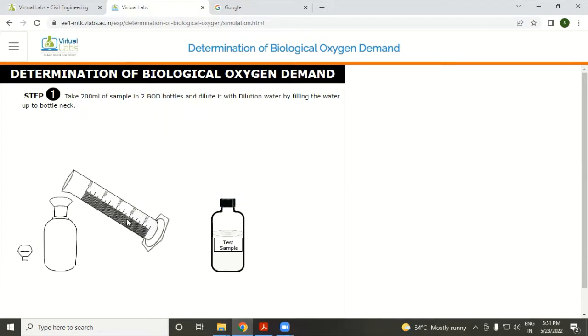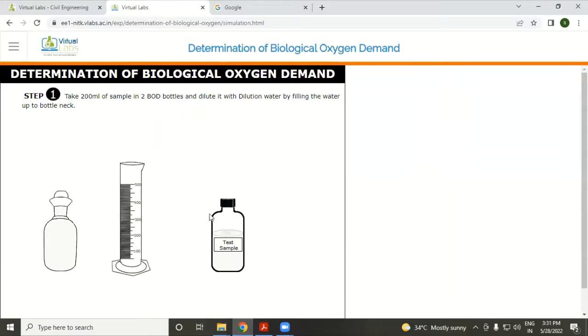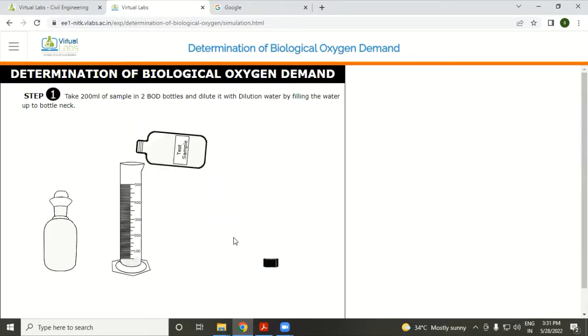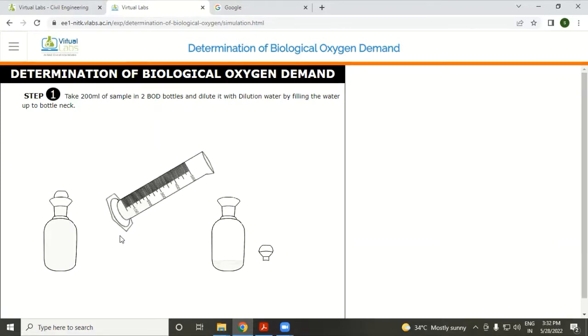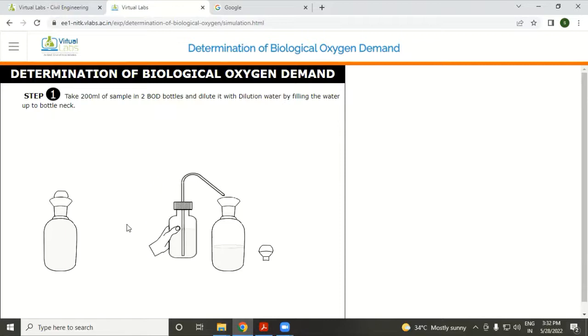Fill the bottle with the help of a measuring cylinder. Take the water sample and fill the bottle. Label the bottles, bottle A and bottle B.